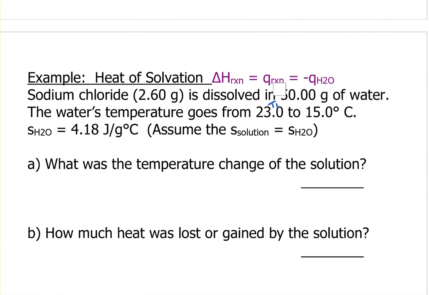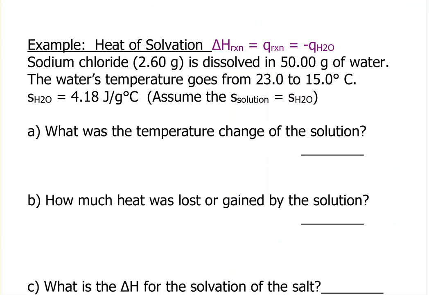Okay, let's look at a problem. Let's see some numbers here. So I have the mass of the salt. I have the mass of the water. I have a T1 and a T2. Okay, and then it asked for the temperature change for the solution. So this is one thing we're going to do. The solution is going to be the water plus the salt.